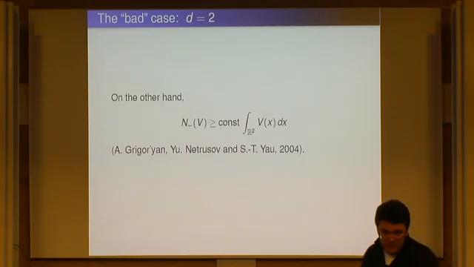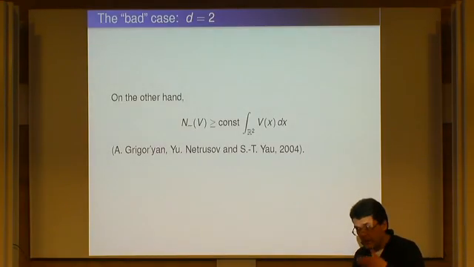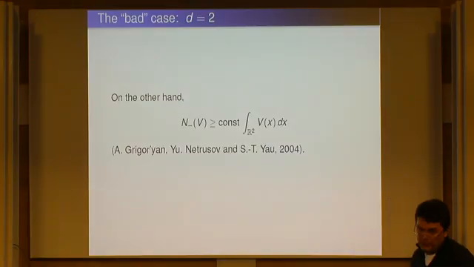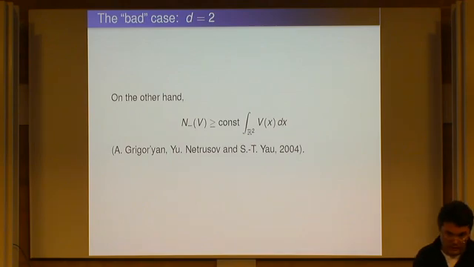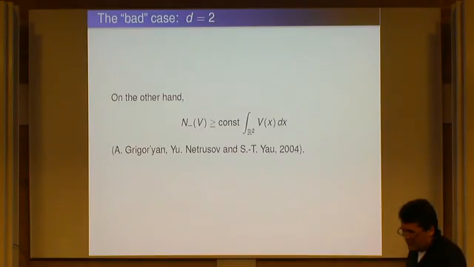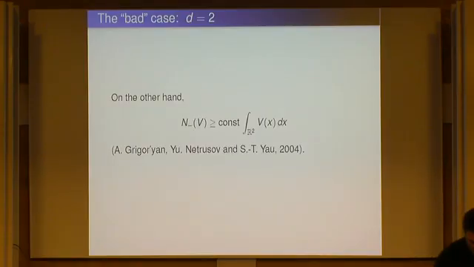But actually, what they proved is not just for potentials in L1, it's for measures. And for some reason, the fact that measures are allowed here was one of the main points in the motivation why I came to this project.